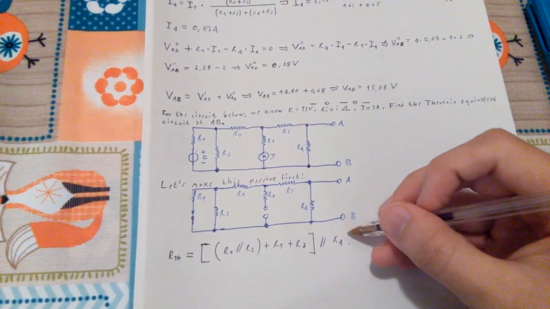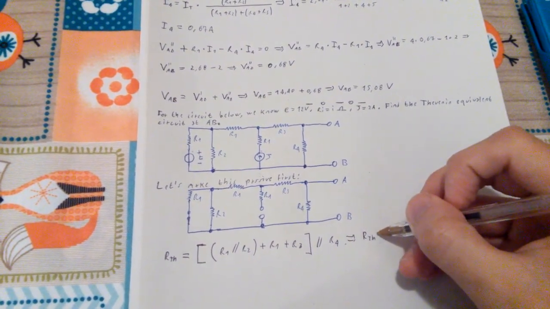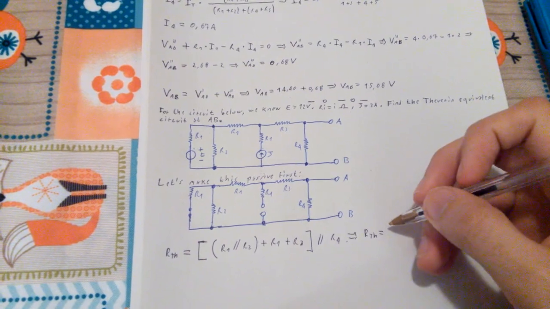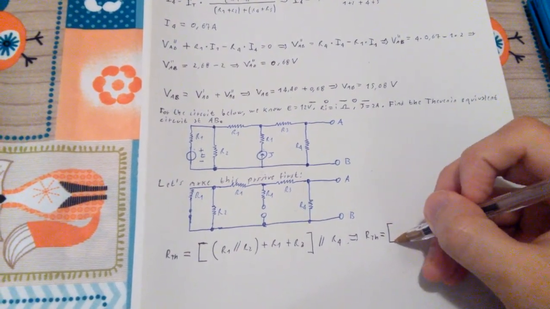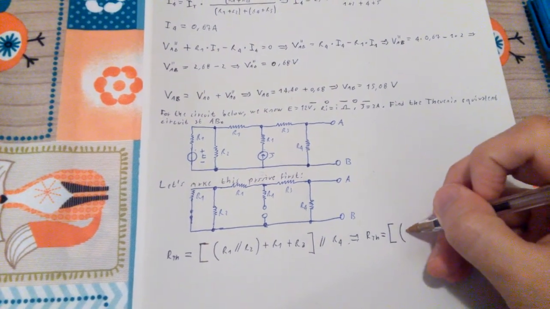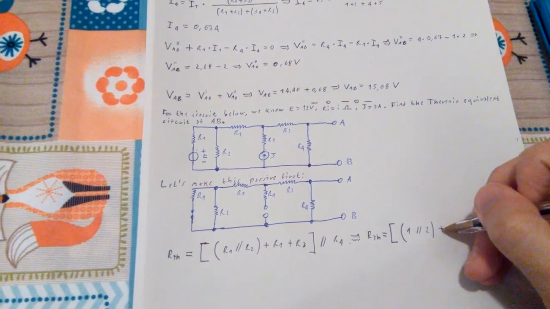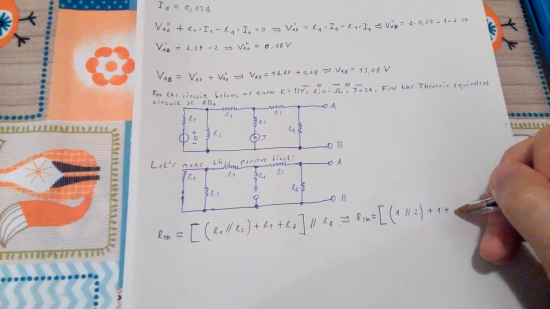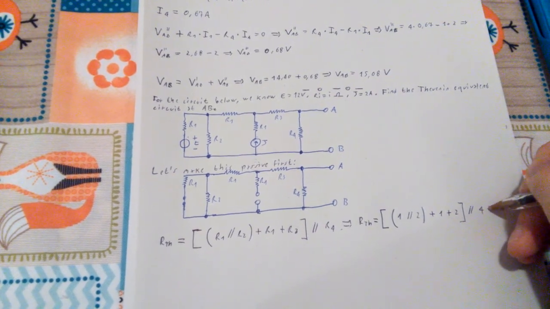So if we plug numbers into this, we get that RTH is basically going to be given by 1 ohm in parallel with 2, plus 1, plus 2, everything in parallel with 4.